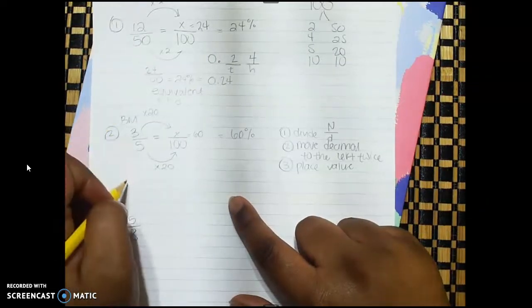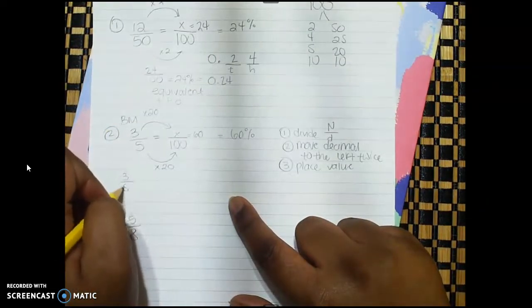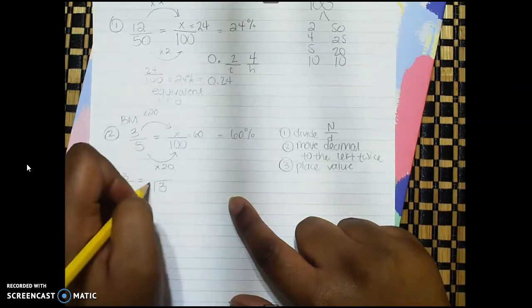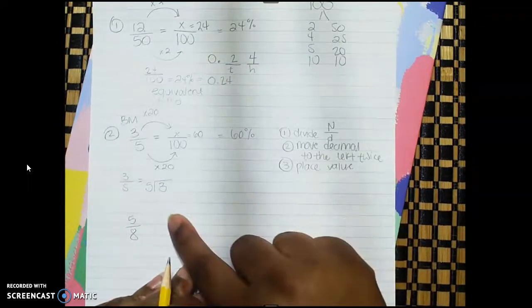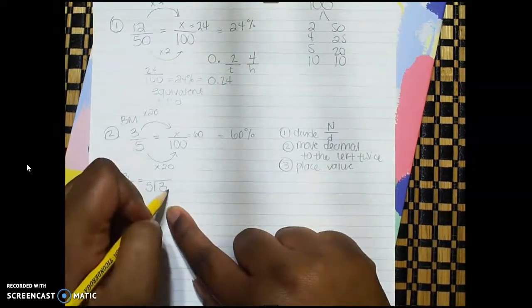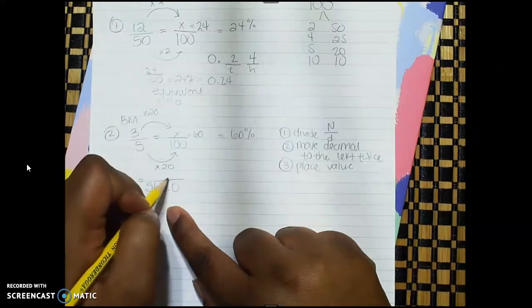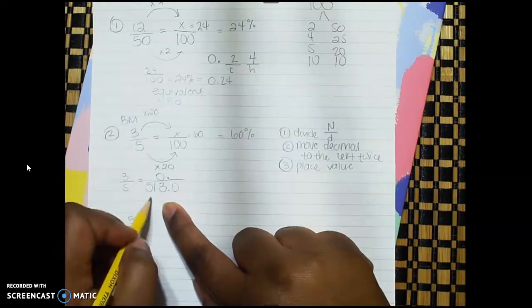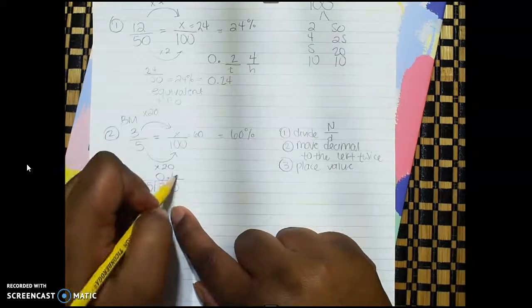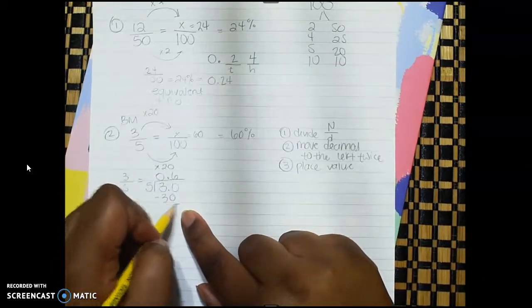So if I do top in, bottom out, 3 divided by 5. 5 can't go into 3, so I'm going to add a decimal and a 0, put my decimal in my quotient. 5 can go into 30 6 times, because 5 times 6 is 30.